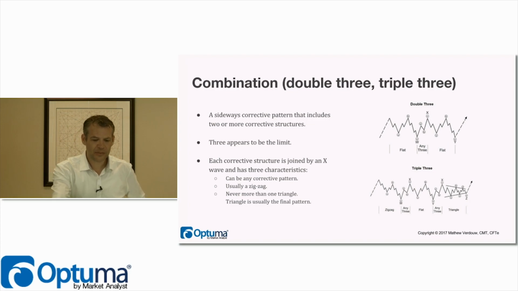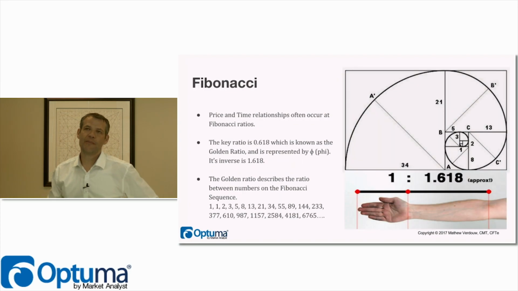All right, now Fibonacci. A lot of the rules around Elliott and the positioning come back to Fibonacci principles. Fibonacci is something that you'll see all through nature. The mathematician, I think we've already talked about him, from the early 1300s or 13th century, discovered this idea of the golden ratio, which you'll see in nature over and over again in all sorts of things.